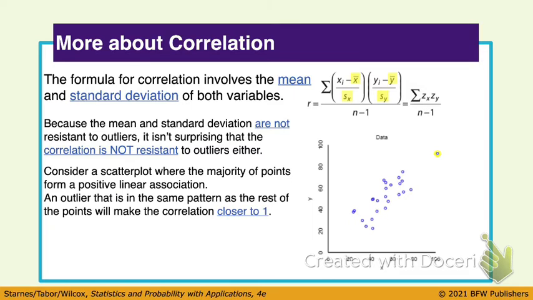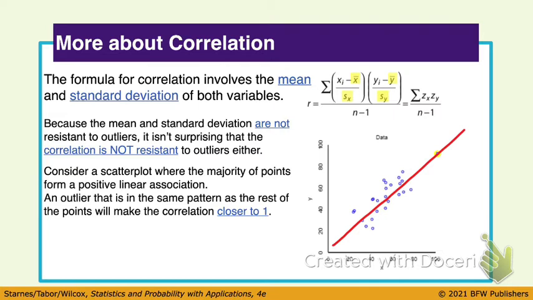So again, if you look at this dot that has just been added here, if I visualize a line, it's pretty well in the linear pattern. That is going to make the correlation closer to 1, meaning it's going to make the correlation stronger.